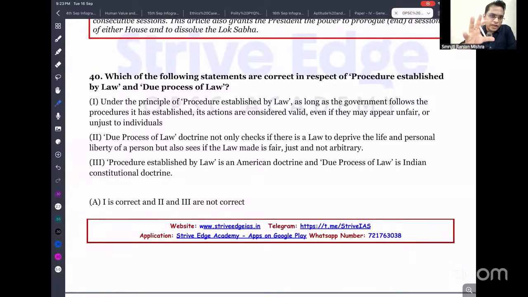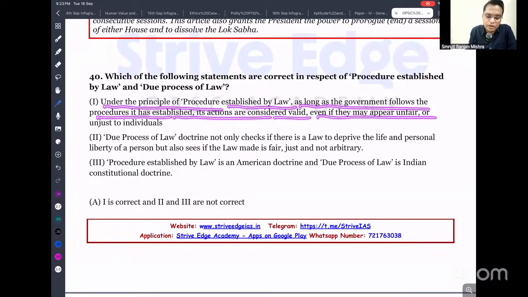That means whenever our legislature has followed all the procedure, it is generally accepted as correct. Okay. So I'm just reading it out. Under the principle of procedure established by law, as long as the government follows the procedure established, the actions are considered valid, even if they appear unfair or unjust to the individual. Yes, this statement is right.